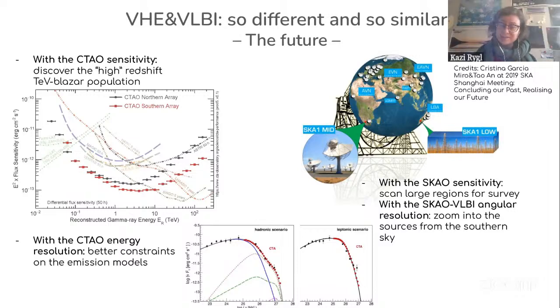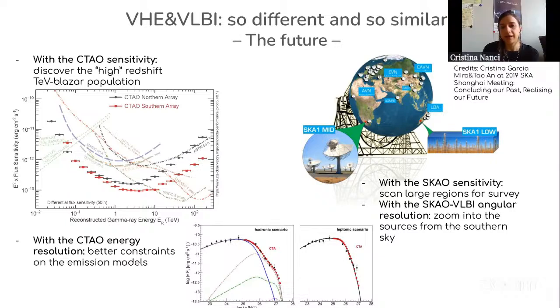How long does this very high energy activity last if you have a very high energy flare? It depends on the source. Indeed, we have flaring activity on really short time scales, as we have seen, of the order of 5 or 10 minutes, but also lasting nights, a few nights.